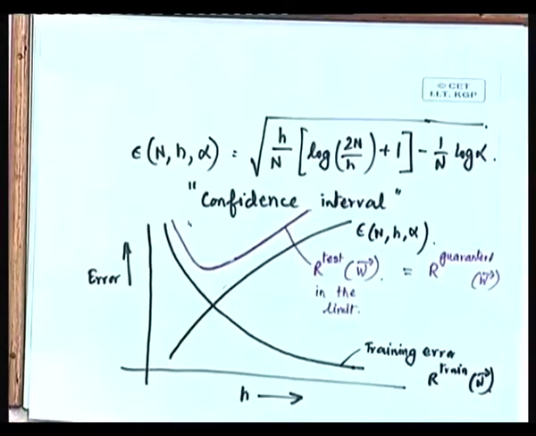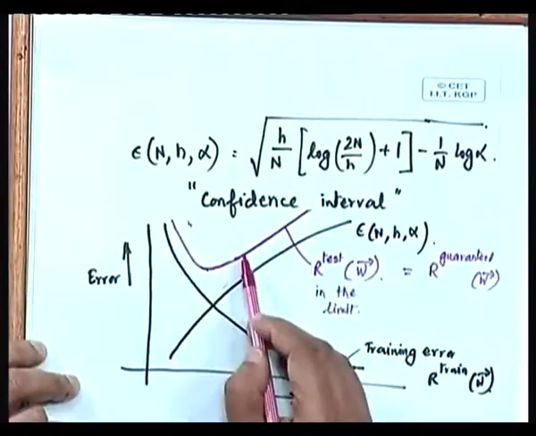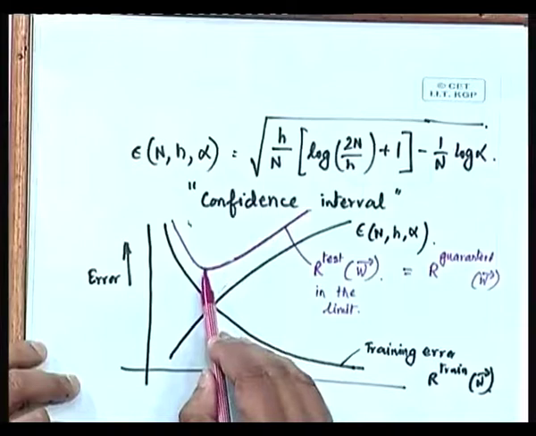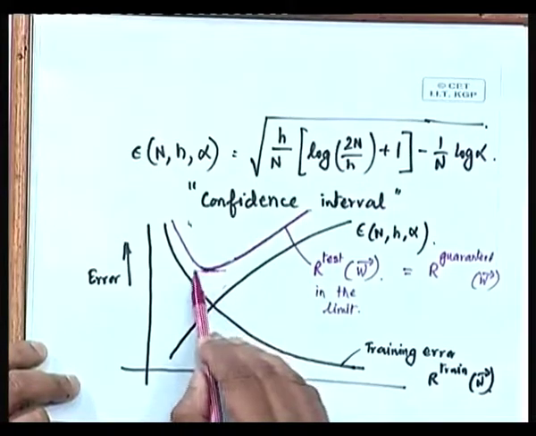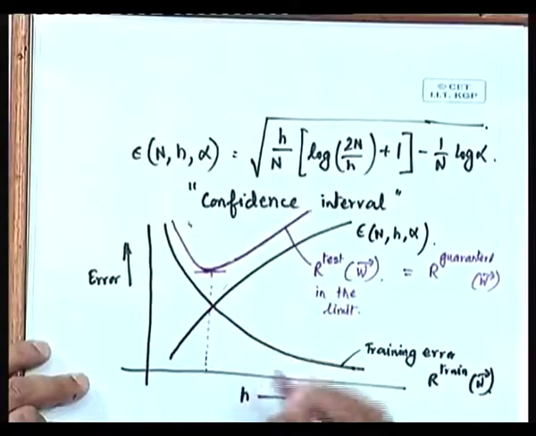But definitely when we consider the bound, we have to be very careful about this characteristic, that at least this is the place where we find that there is a minima, and this is the minima that we should look for. Why? Because that gives the best generalization capability. So, the corresponding value of H should be somewhat the optimal value of the VC dimension, which we must consider.